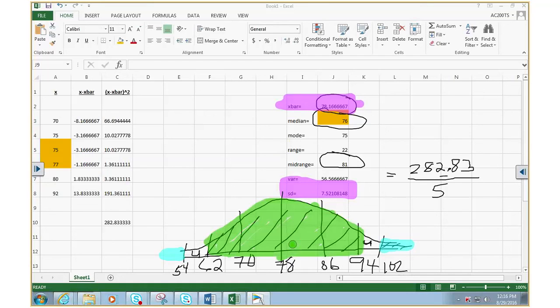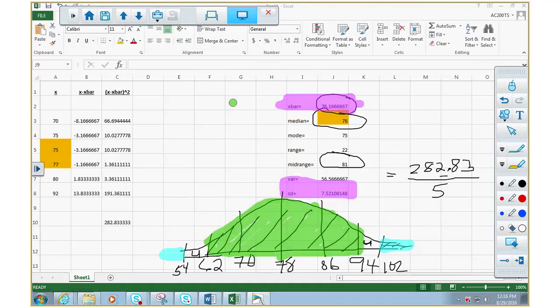Now let's throw some more test scores up there. Let's say that you're in a class that you don't have any clue what's going on, okay? And you have the following scores. The first score, you flunked. You made a 50. And then you started to read, you started to study a little bit, but you still didn't do too well.